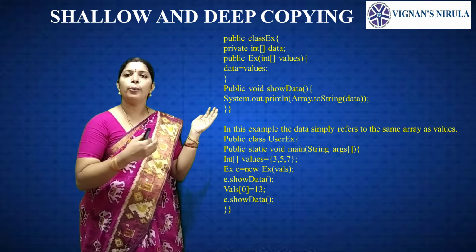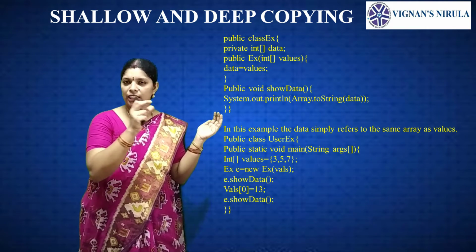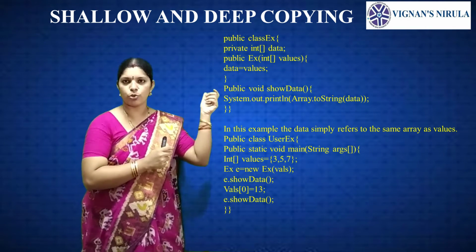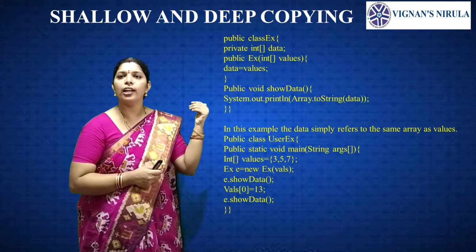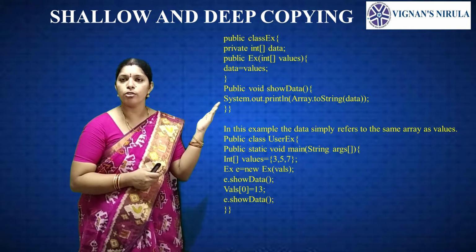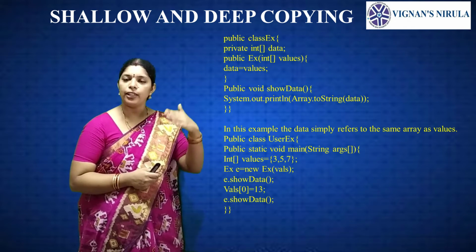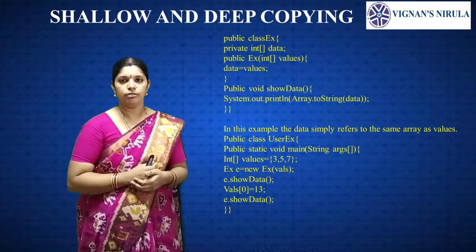After that, by using showData, the values in the particular data are shown by using System.out.println of Arrays.toString. We are converting the array values to a string and printing the multiple values in the array by using data.